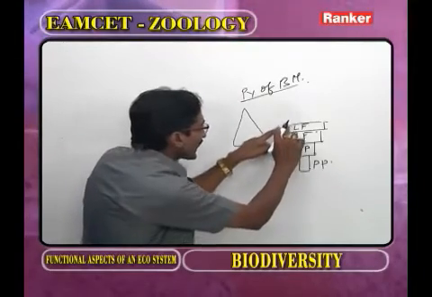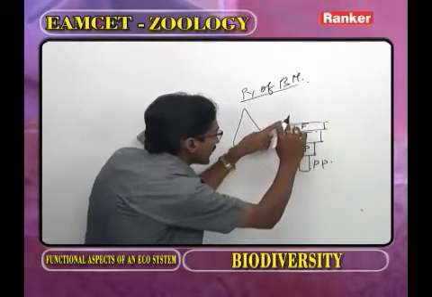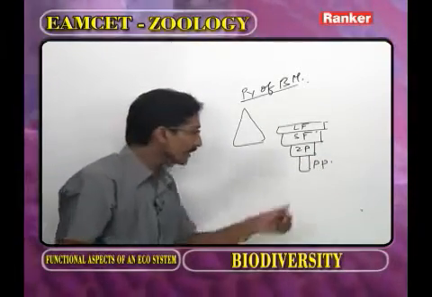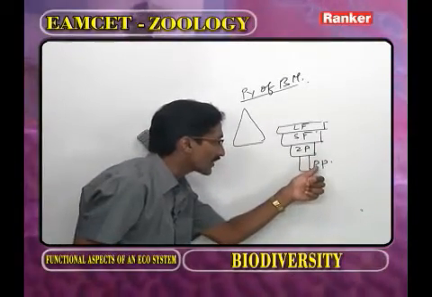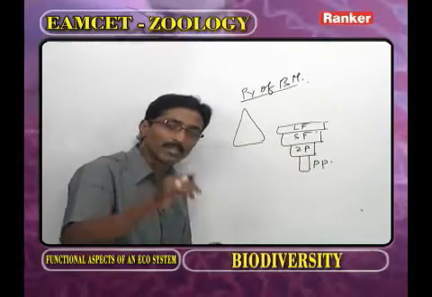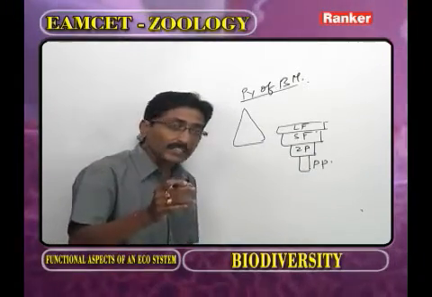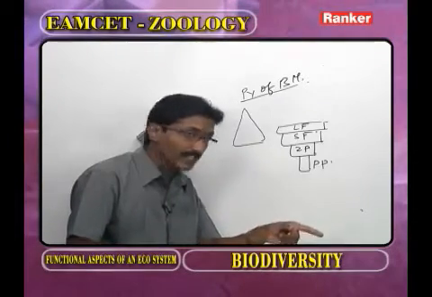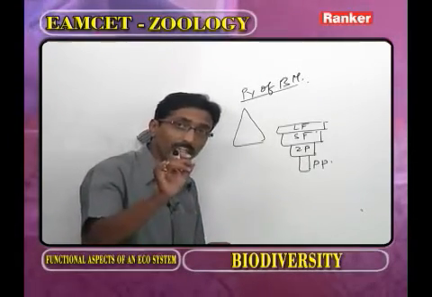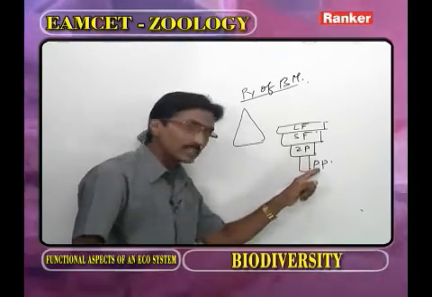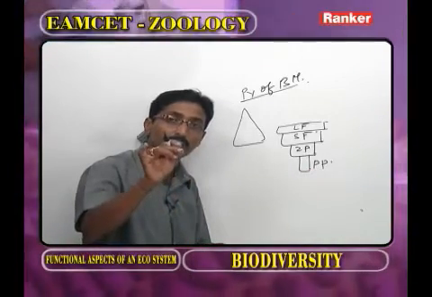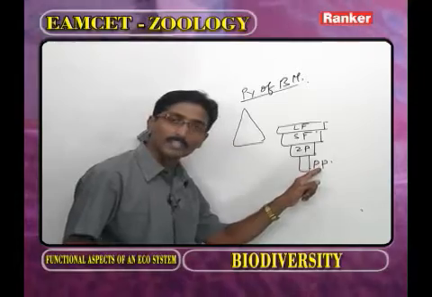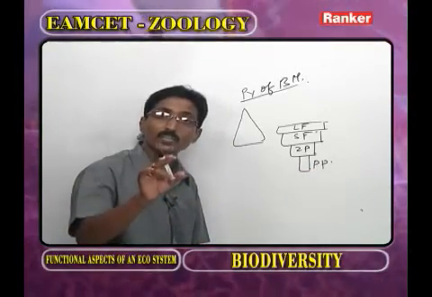So in the pond ecosystem, the pyramid of biomass is inverted, because compared to the phytoplankton, the zooplankton number is more. But though the number of phytoplankton is less, in the phytoplankton the energy is more, because in the producers the metabolic rate is very, very high. Irrespective of the number, always in the producers the energy is more.